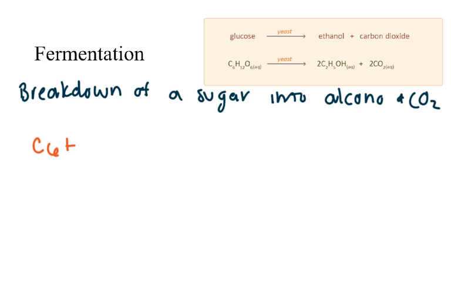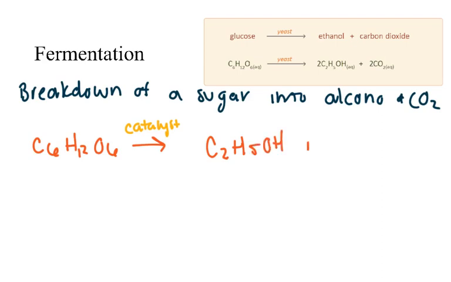So C6H12O6 reacts with some kind of catalyst. And then this is going to give us our alcohol plus our carbon dioxide. And then I'm just going to go in and balance everybody here. Here we go.